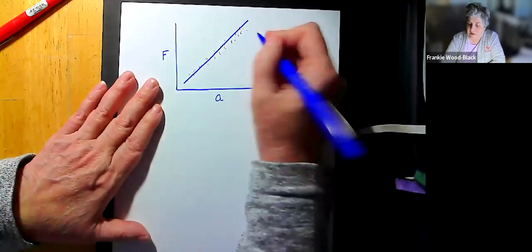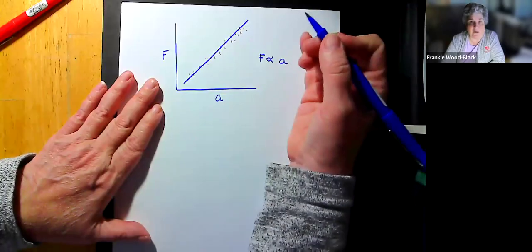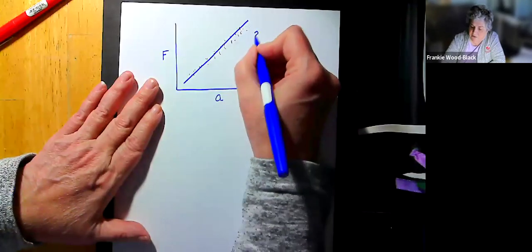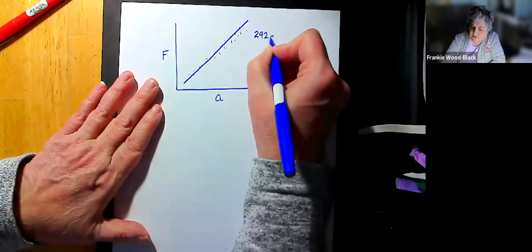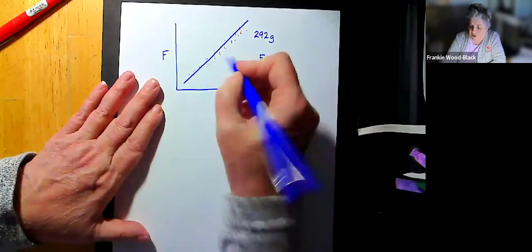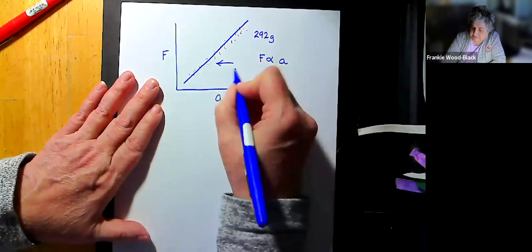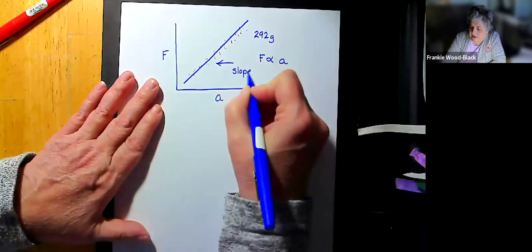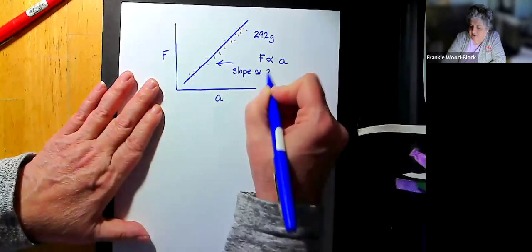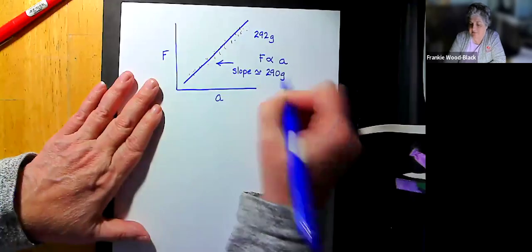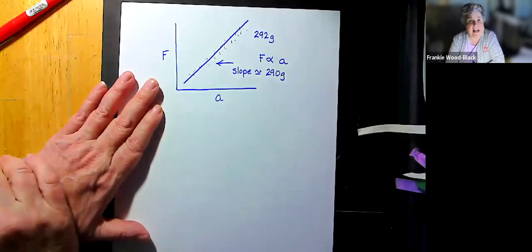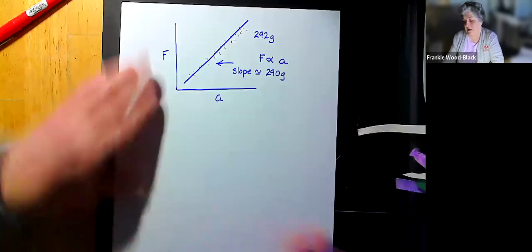Now, if this was my IO lab, and my IO lab is about 292 grams, if I did this, the slope of this line is going to be somewhere in the neighborhood of 290 grams. That's where it's going to work out. That's what we've got.